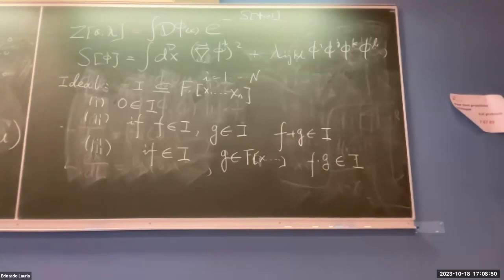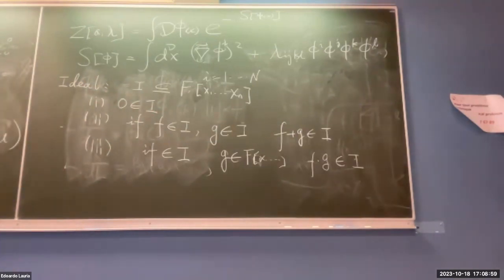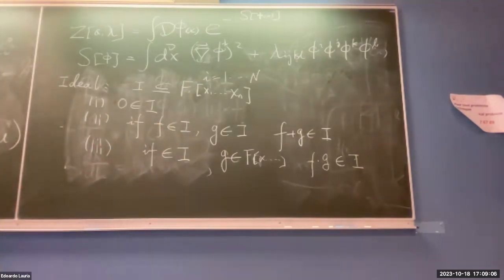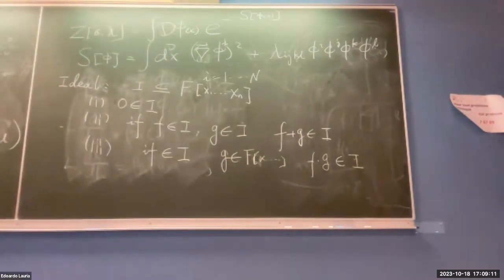So if f is equal to 0 and g is equal to 0 are among them, their summation, of course, is vanishing. So if f belongs to one of these and g is whatever polynomial, you times these two, it gives you, again, equal to 0. So this ideal would be all the polynomials that vanish on the solution space. To study this ideal is basically to study the solution space of these polynomials.